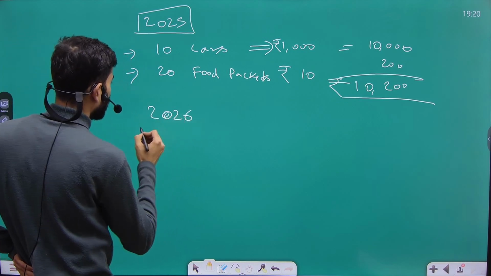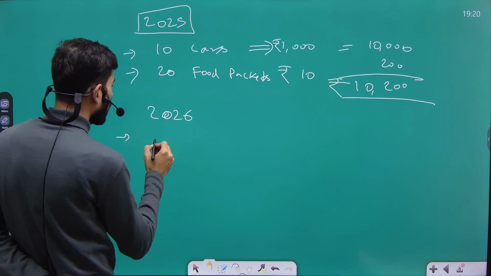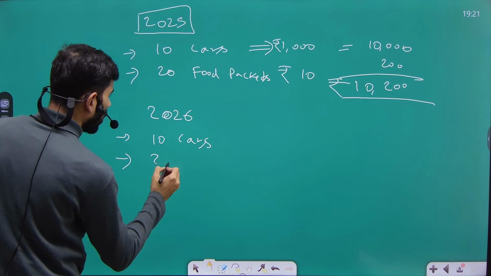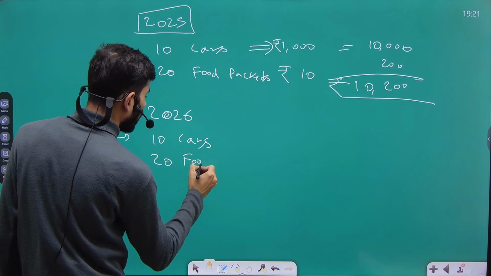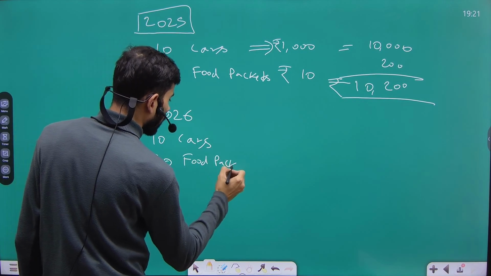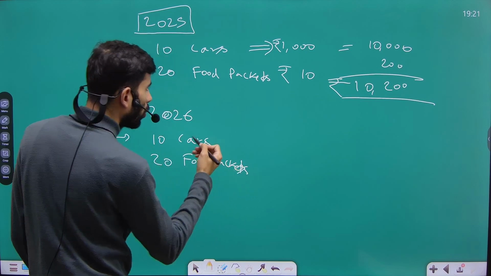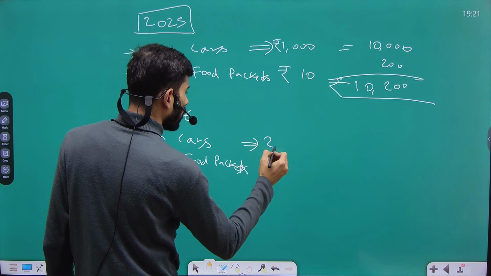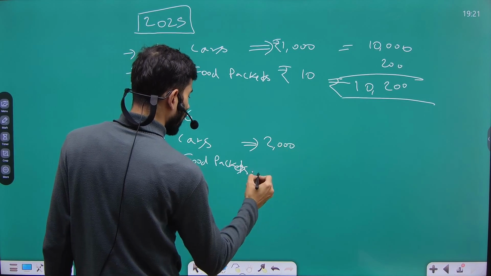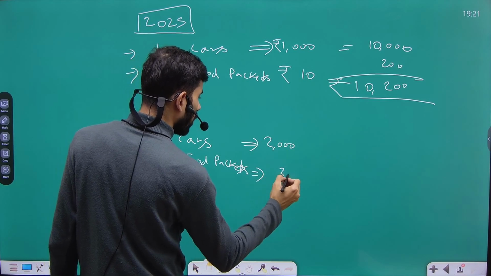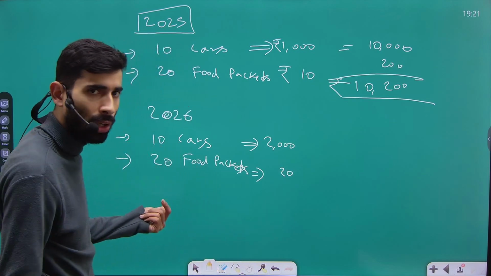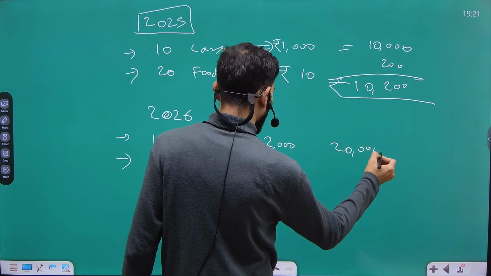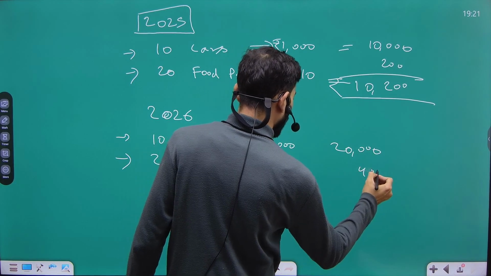But now suppose in year 2026 we are still producing 10 cars and 20 packets of food. But due to inflation, the price of a car doubles to 2000 and food packets double to 20 rupees. Then if we calculate GDP, it turns out to be 20,000 and 400.